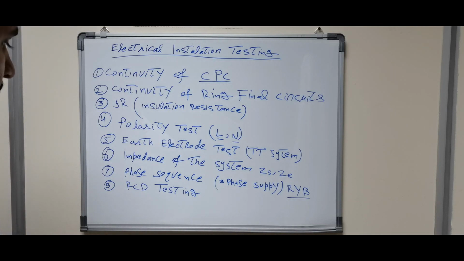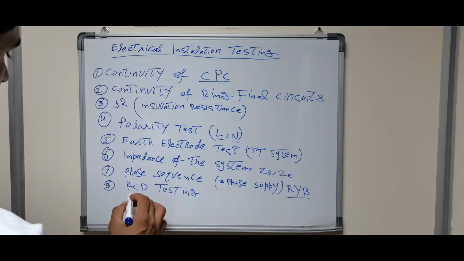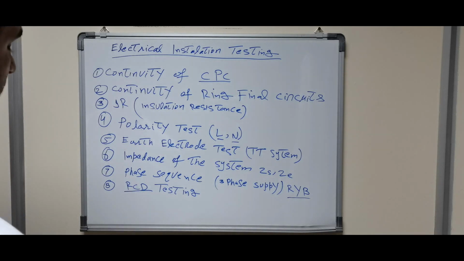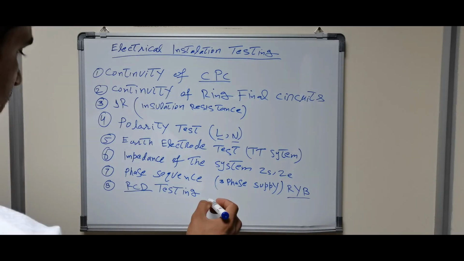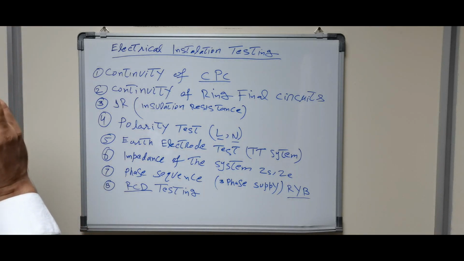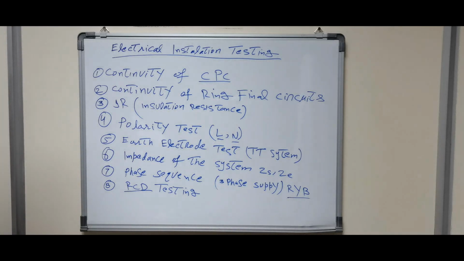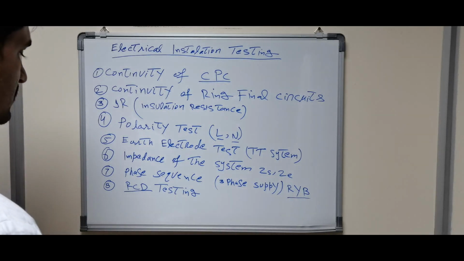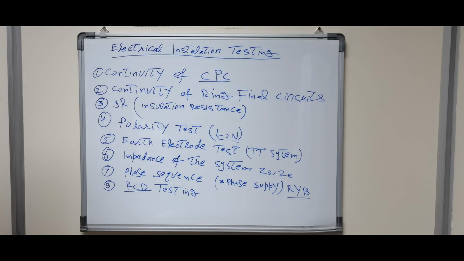So before starting the system, we need to make sure that our residual current devices are working as per the system requirements. For that, we need to check the milliamps and millisecond reading of our RCDs.